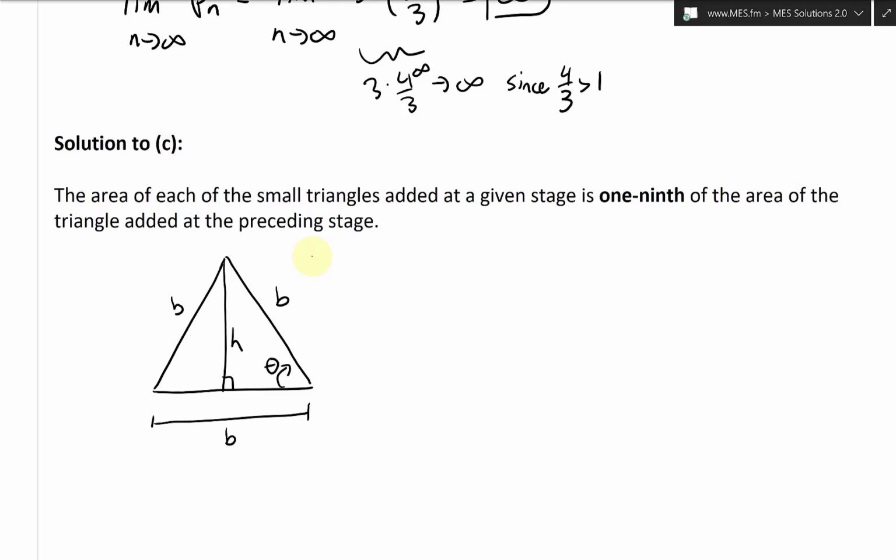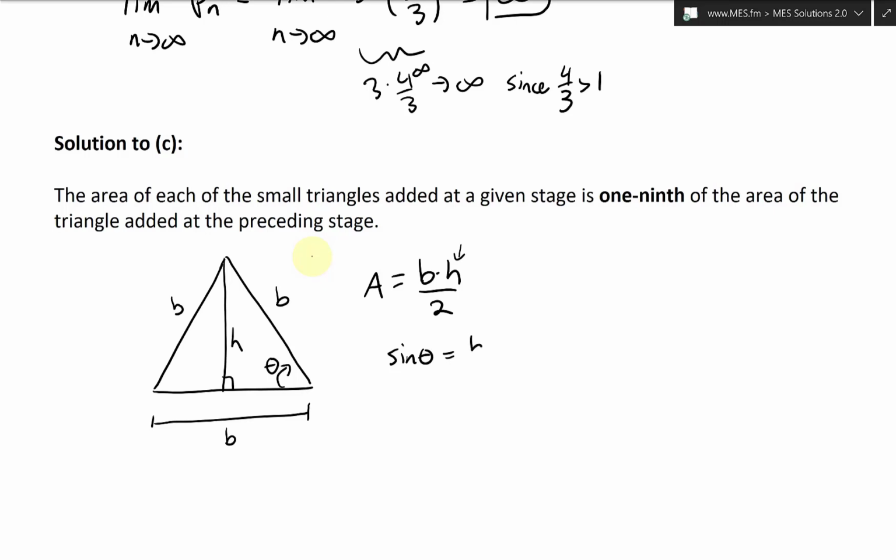Recall the area of a triangle is base times height divided by 2. We want to solve for H, so recall sine is equal to opposite over hypotenuse.